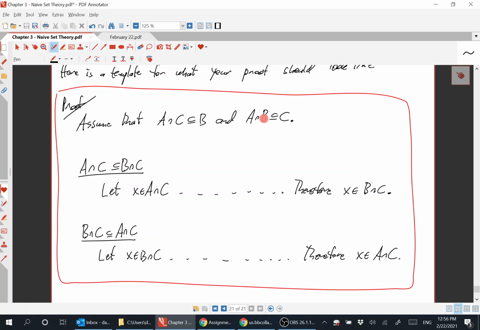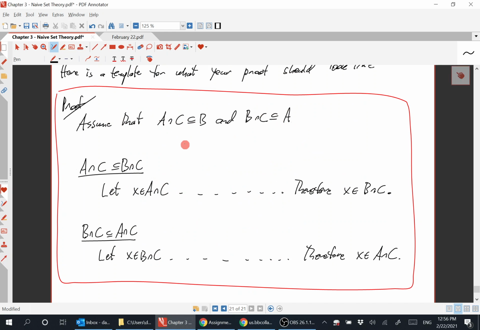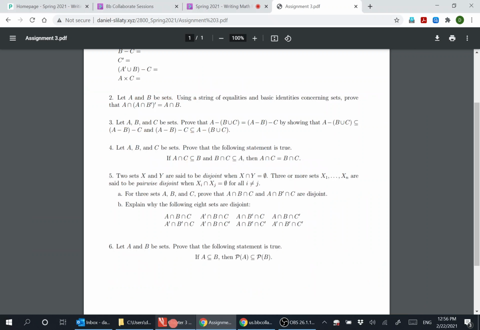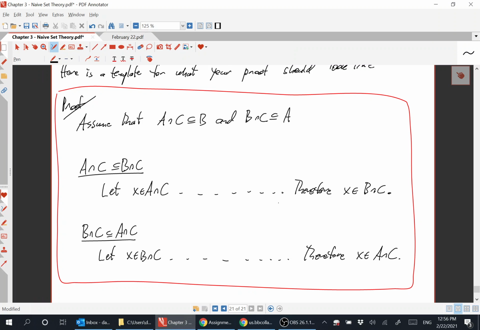A intersection C is a subset of B, and B intersection C is a subset of A. So A intersection C is in B, B intersection C is in A. So C is in both intersections. And then you want to show that A intersection C is equal to B intersection C. And this is right.